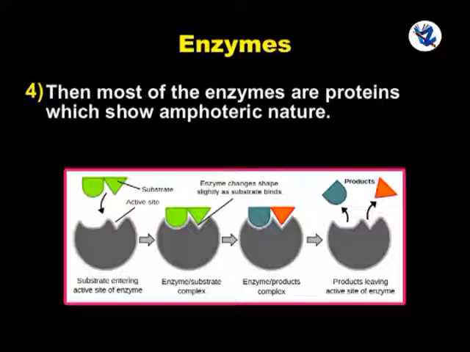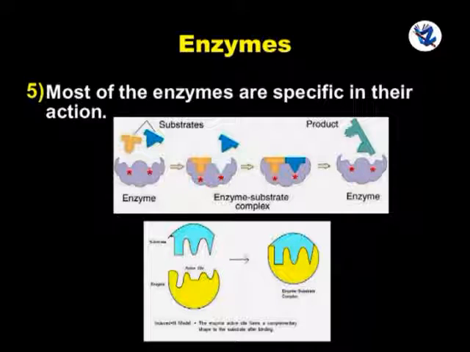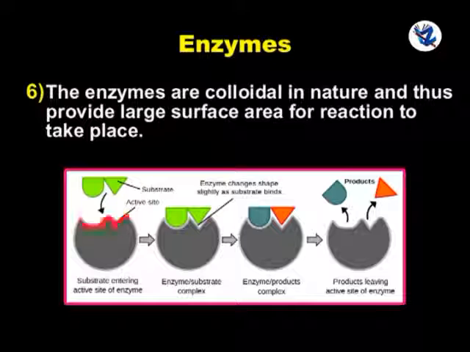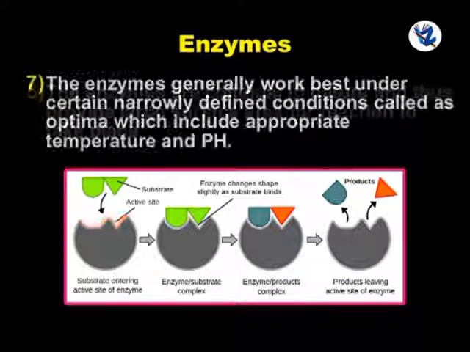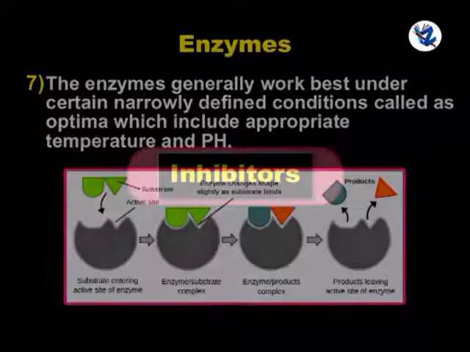Then most of the enzymes are proteins which show the amphoteric nature. Most of the enzymes are specific in their action. The enzymes are colloidal in nature and they provide large surface area for reaction to take place. The enzymes generally work best under certain narrowly defined conditions called optima, which include appropriate temperature and pH.